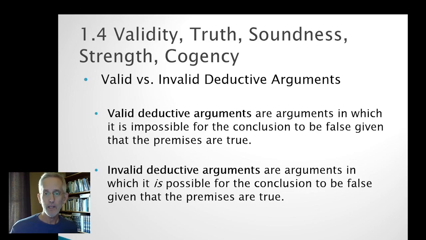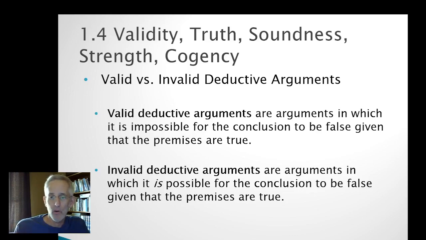So in a valid deductive argument, the logic of the argument is such that you just can't have true premises and a false conclusion. If the premises are true or assumed to be true, the conclusion must follow as true also. And that's the best form of a deductive argument, because it gives us absolute proof of the conclusion.